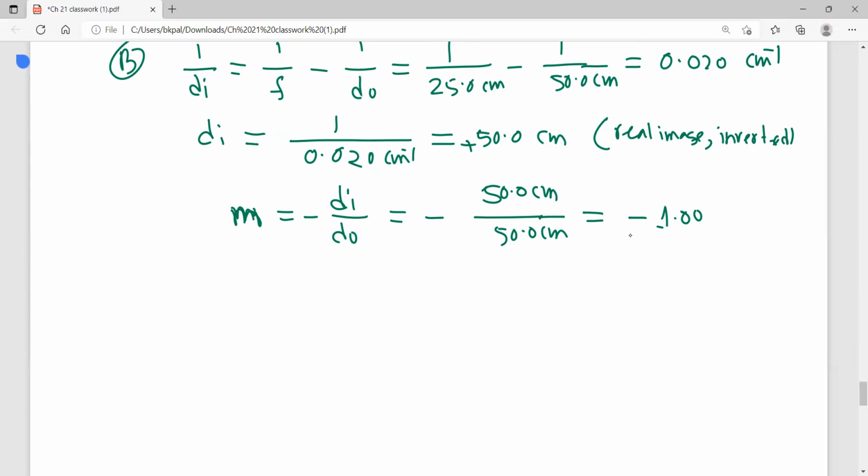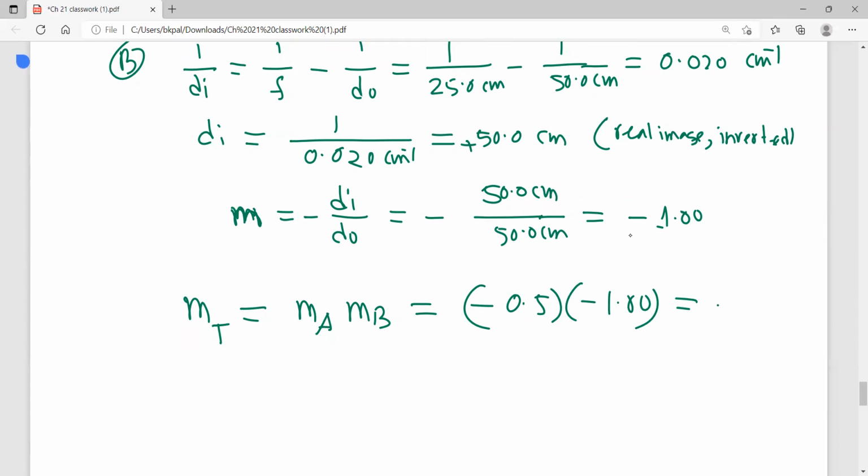Then the total m is the product of ma and mb. So the total magnification is the product: ma was negative half and mb is negative 1, so you get a positive sign, positive 0.5. The final image will be half the size of the object, and since it is positive, it is upright with respect to the original object.